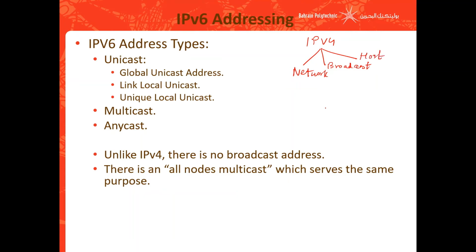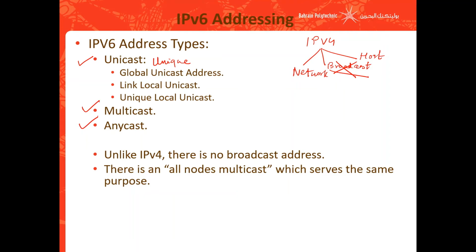Here in IPv6, we have something called unicast addresses. These are essentially unique addresses. We have multicast and anycast. If you remember, in IPv4 we had broadcast addresses, but in IPv6 that is basically discarded. We don't have broadcast addresses in IPv6.